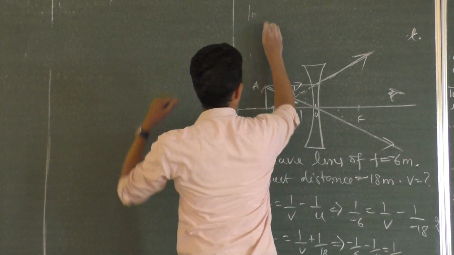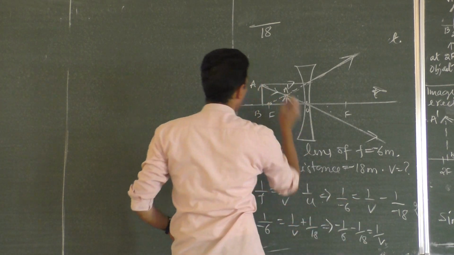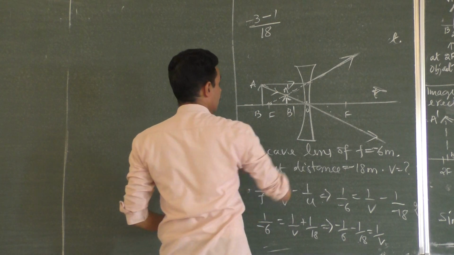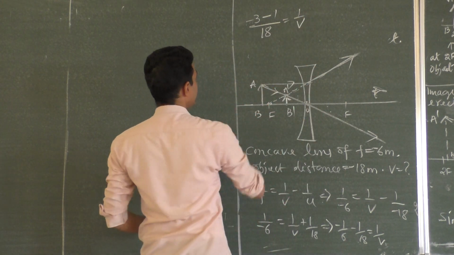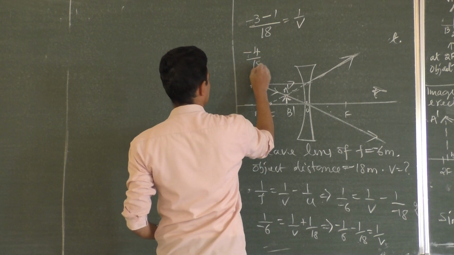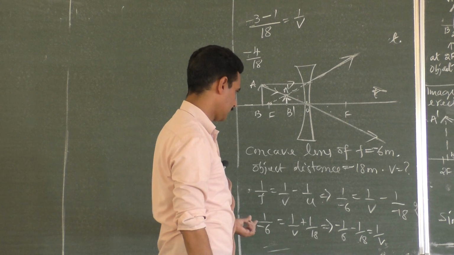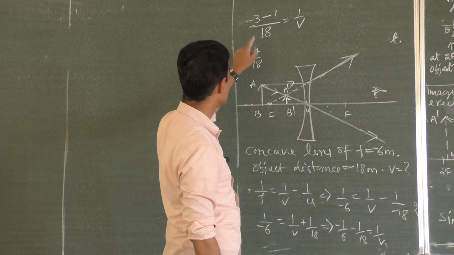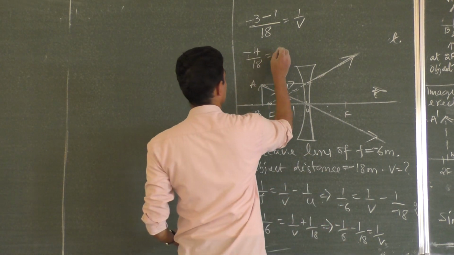Now 18 is common. 6 3s are 18, so minus 3, minus 18 1s are 18, so minus 1. That is equal to 1/v. Minus 3 minus 1, minus 4/18. Is it correct? Minus 4/18 is equal to 1/v.